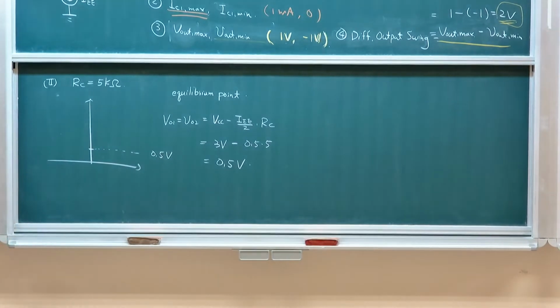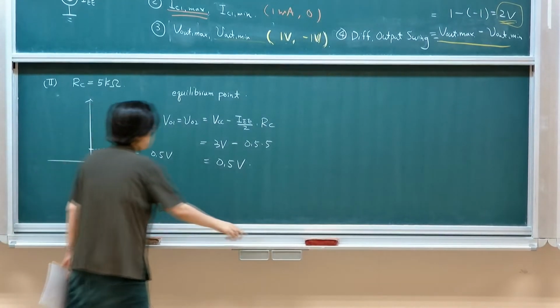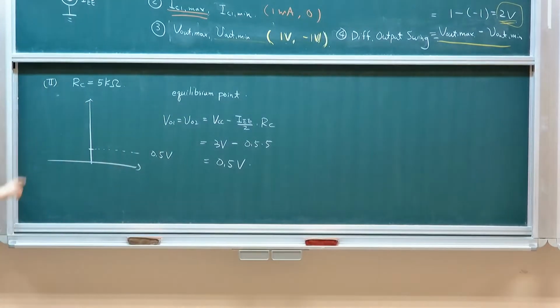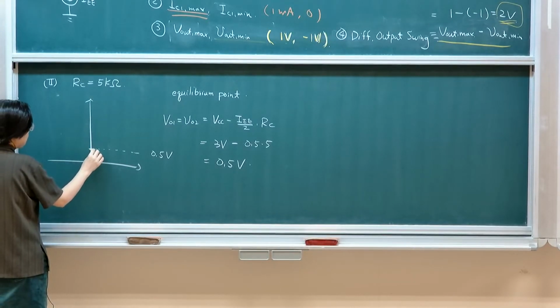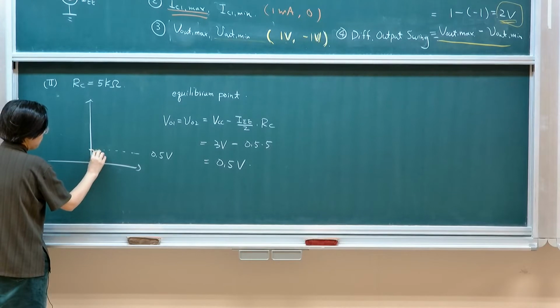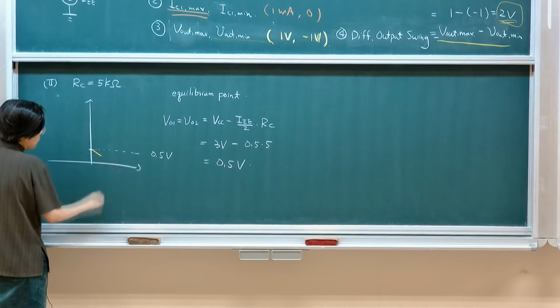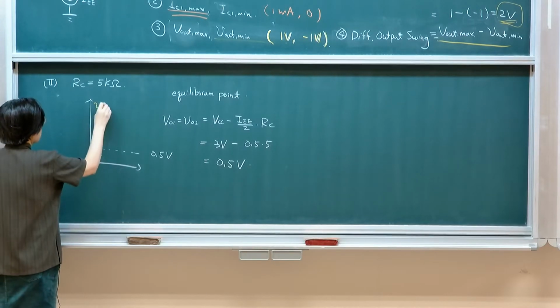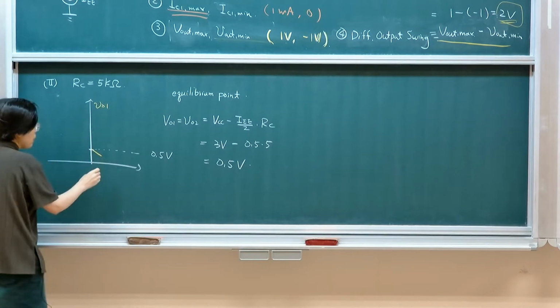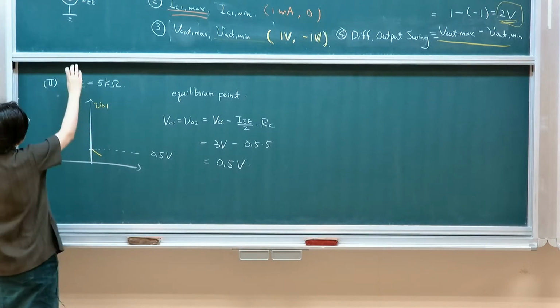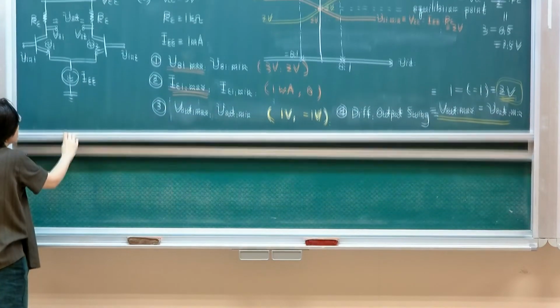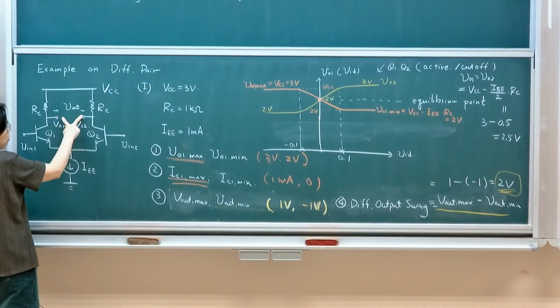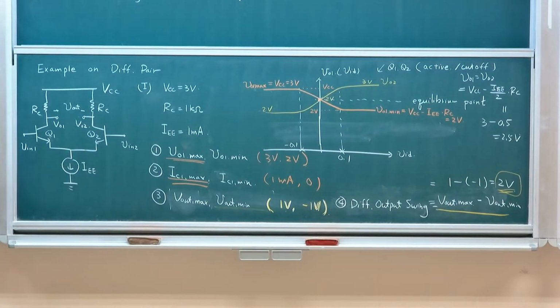So let's look at how it works. If you increase your voltage on Q1, it's supposed to drop. This is if I'm trying to plot VO1. There's a limitation as to how low it can go. So what limits VO1 or these two voltages? What are the limitations?